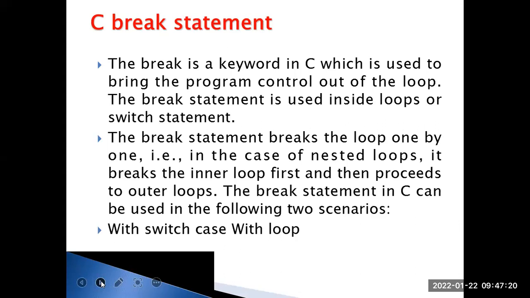Okay, the next topic is the jump statements. We already know that the entire branching operation can be done in two ways: one is called conditional branching, the second is called unconditional branching. In conditional branching, one is called selective, the second is called iteration, that is repetition, looping.